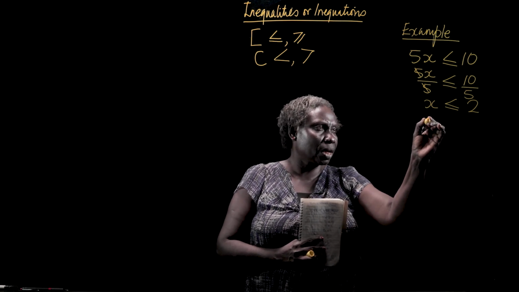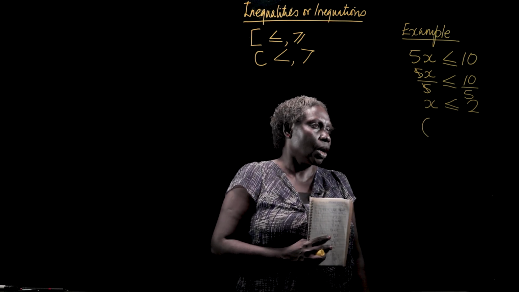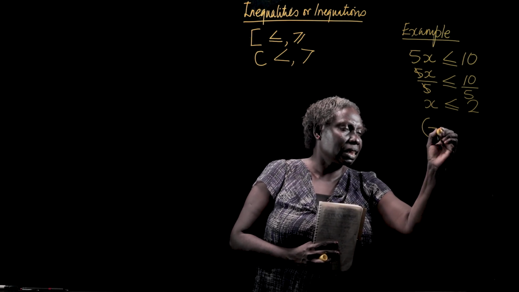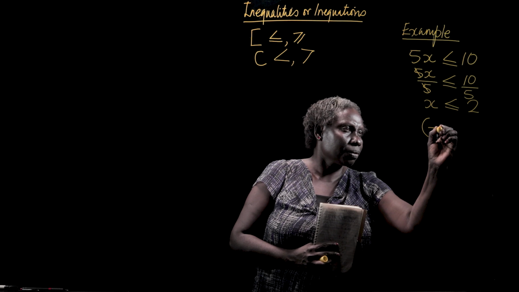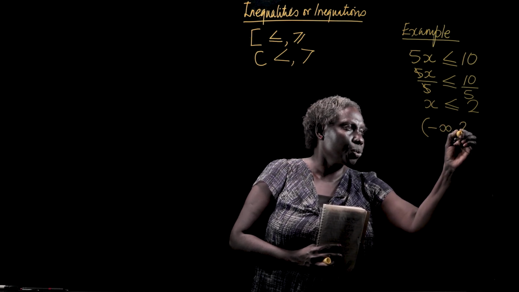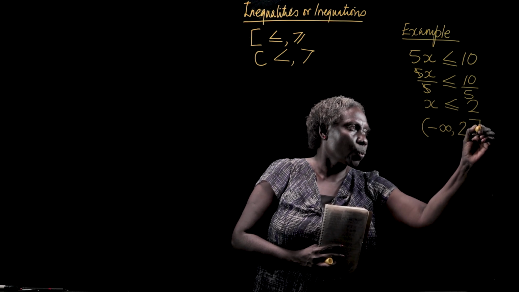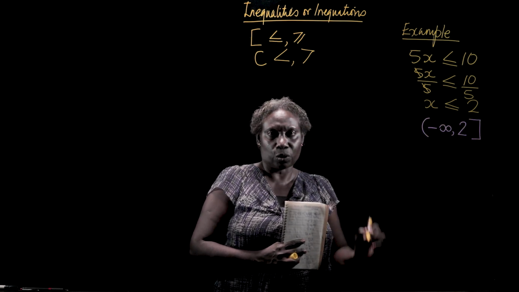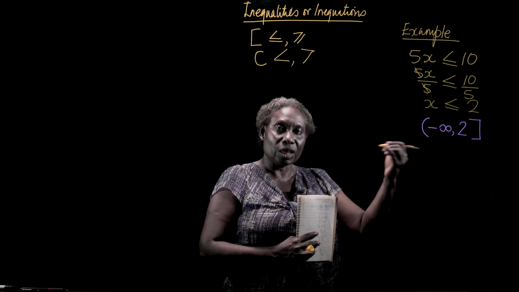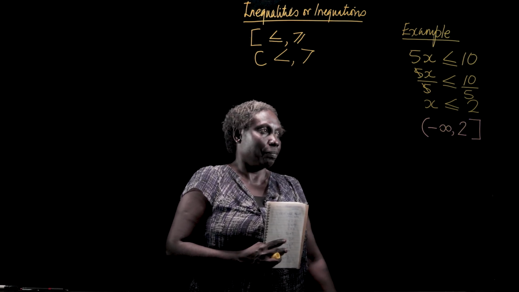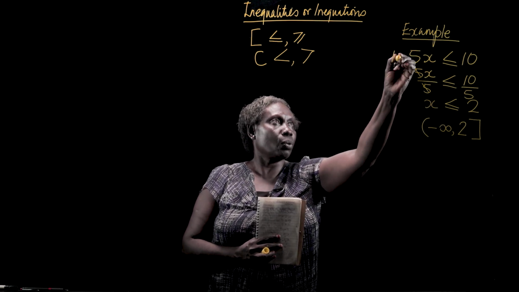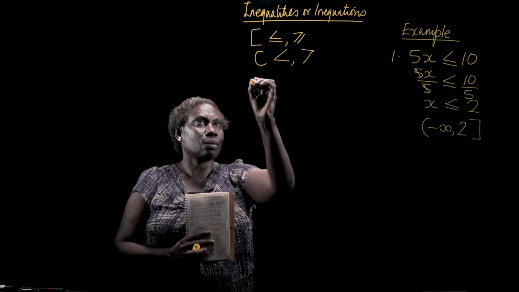So we are going to put a round bracket on the left side with the negative infinity symbol and 2 with a square bracket, because 2 is also included in the set of values which are less than 2 or equal to 2. This was example 1. Okay, let's look at example 2.